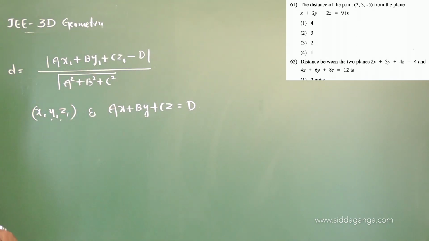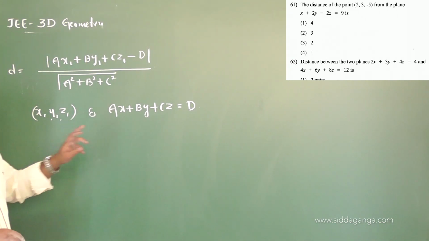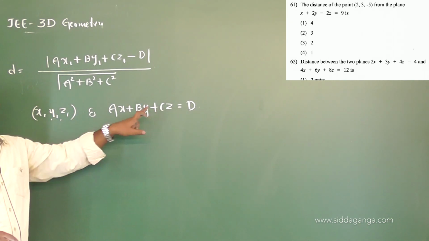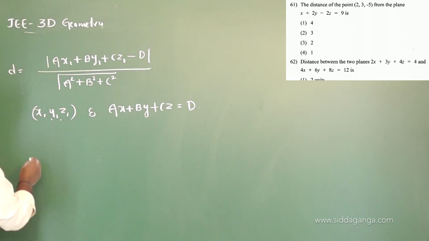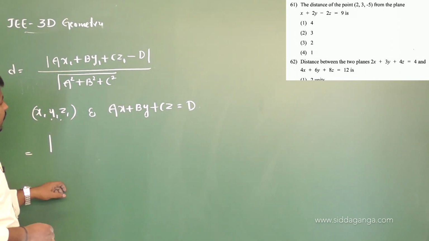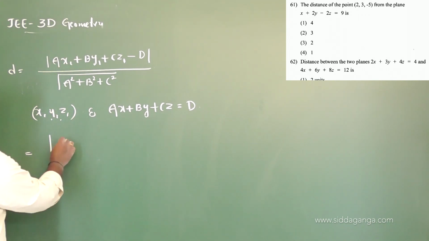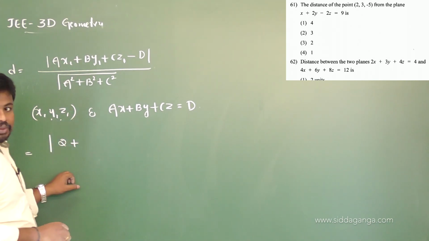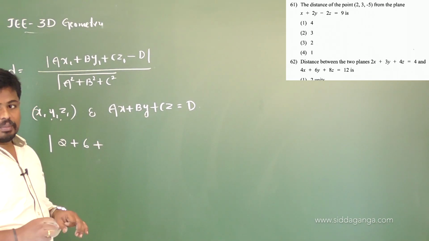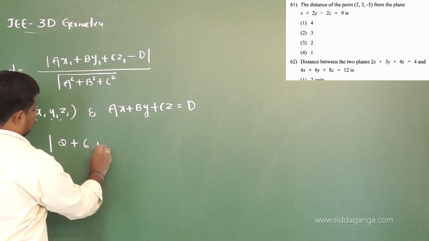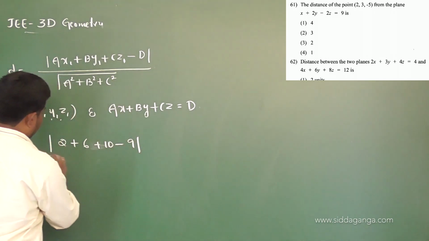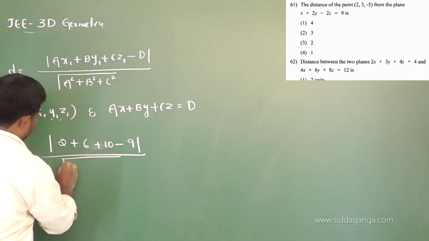Yes, we have the plane. In place of A we have 1, in place of B 2, in place of C minus 2, D is 9, right? x1, y1, z1 is 2, 3, minus 5. So just substitute that. A is actually 1 into 2 plus B y1, so 2 into 3 plus C z1. C z1 is what? Minus 5 into minus 2, minus D, D is 9, whole divided by root of A square plus B square plus C square.